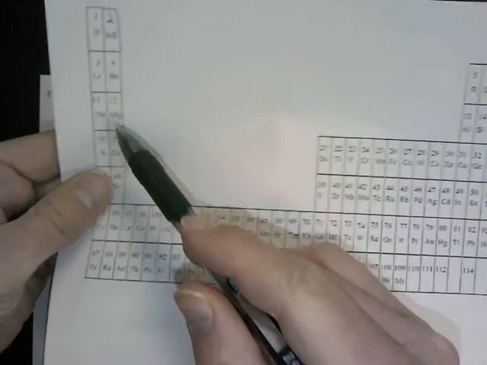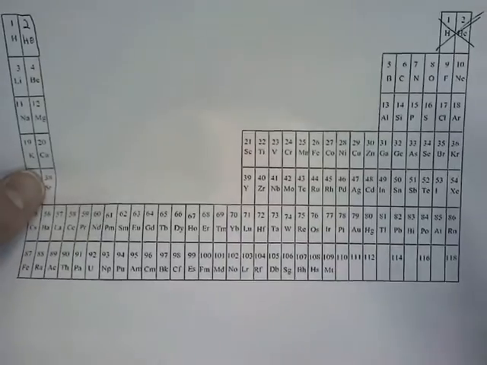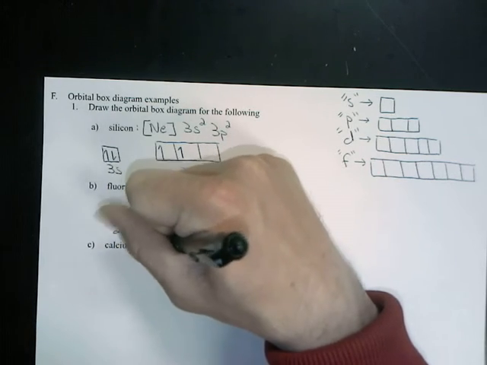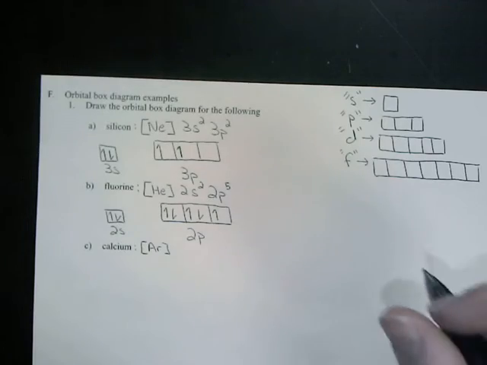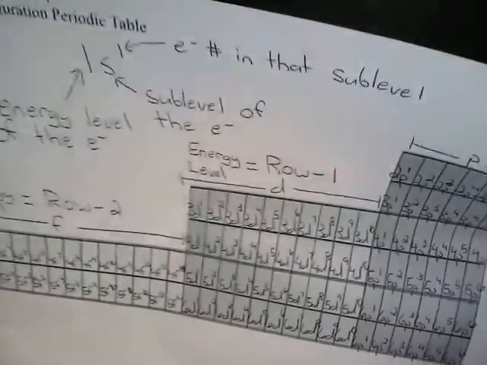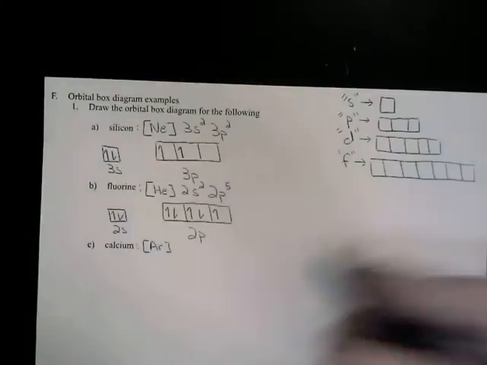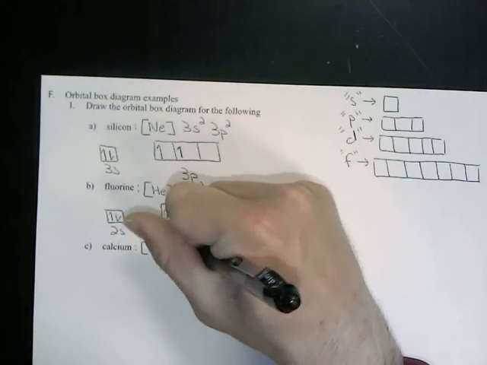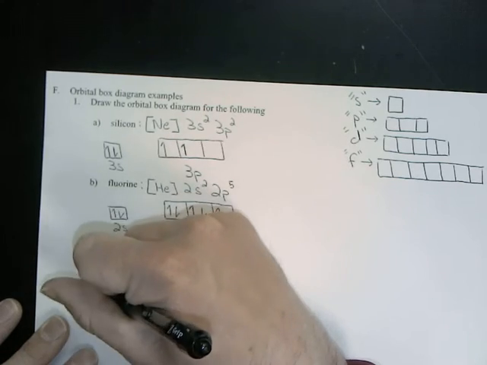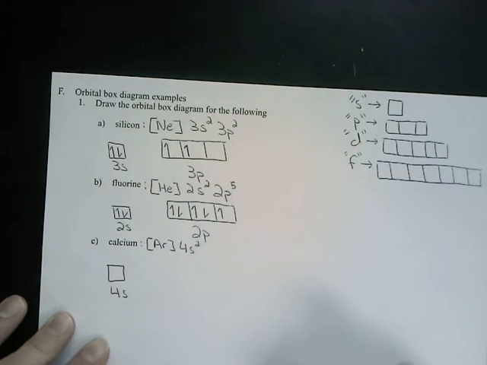Now, calcium, we again find ourselves asking, okay, what is calcium? Calcium is element number 20. You go up and to the right to find the first previous noble gas, which is argon. So we have argon, Ar. Then we ask ourselves, okay, is calcium in that 3s level? Or excuse me, is calcium in the 4s level? Well yes, it is. It's in the 4s2 level. We only need a single box to represent that we have a 4s level.